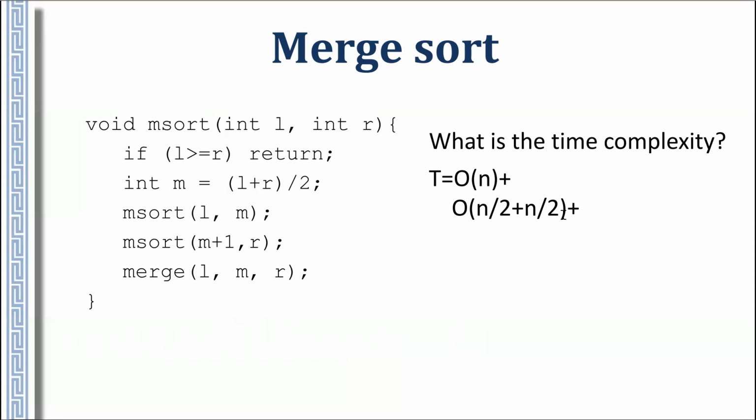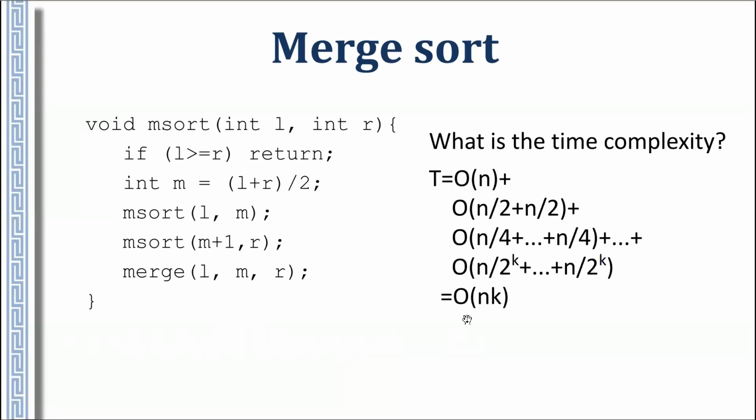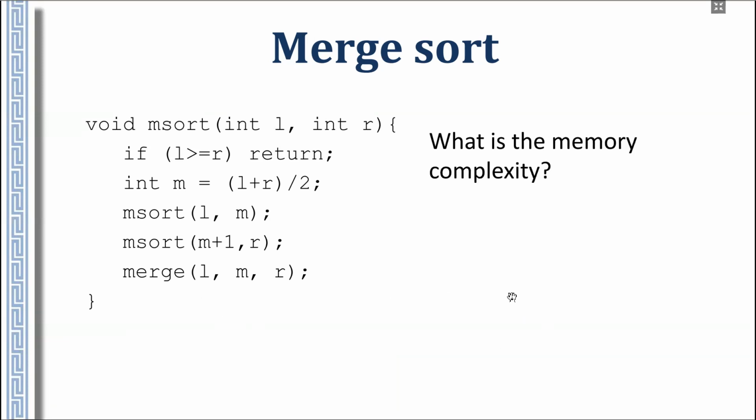So we have n over 2, n over 2 here, then n over 4, n over 4. Each of them we also split into exactly two parts. We have such a balance until each element is of size 1. So it is the same as in quicksort analysis: we have k phases, each with complexity n. Because n over 2 to the k should be 1, k is log n, so the total complexity is n log n.